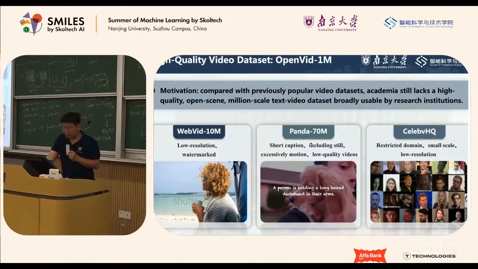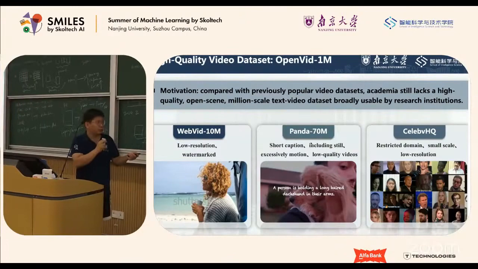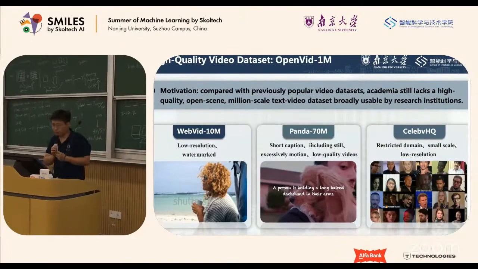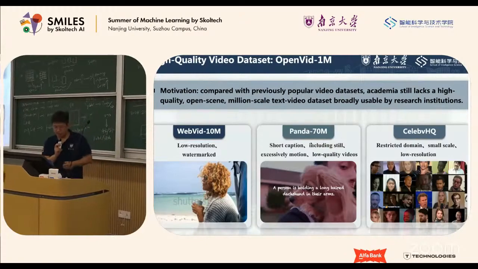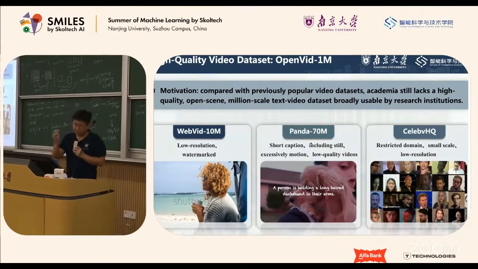And other datasets are limited by restricted domains, such as CelebV-HQ, which is just for humans. So compared with these previously popular video datasets, OpenVid-1M is positioned as an accessible dataset designed to improve these dimensions simultaneously.